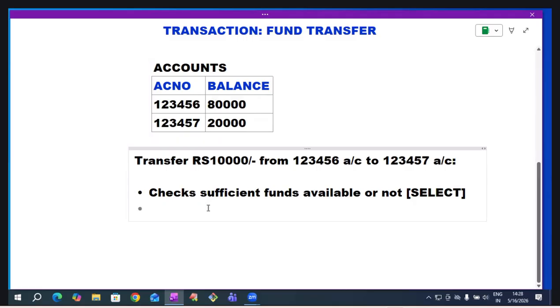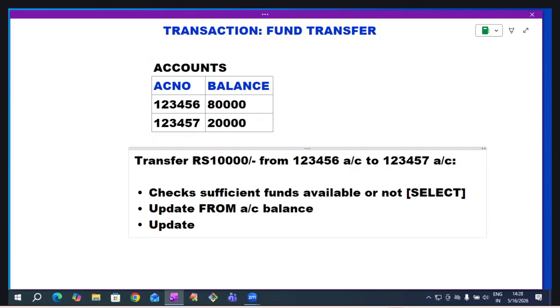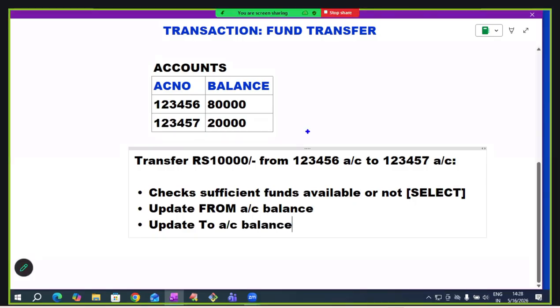Now, what does it have to do? Update the from-account balance, then update the to-account balance. How to write the update command, you already know. Update, in which table? Accounts. Set, which column value we want to modify?